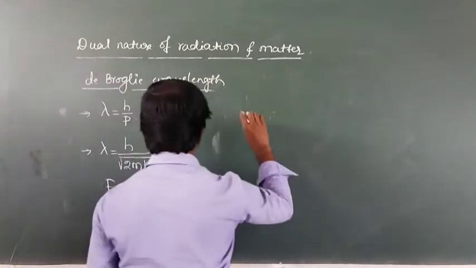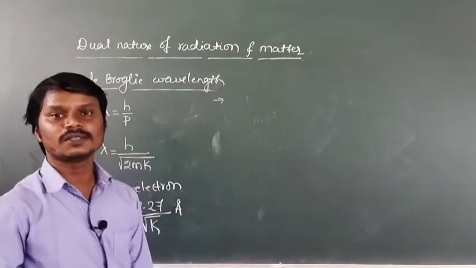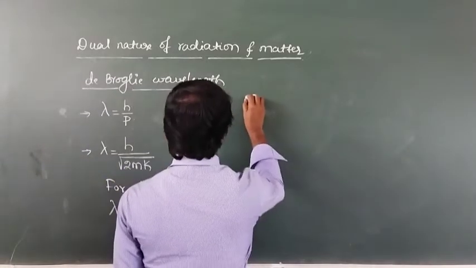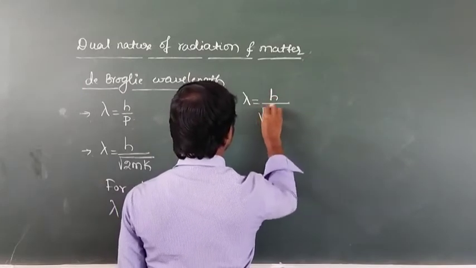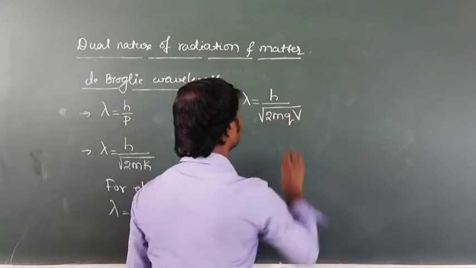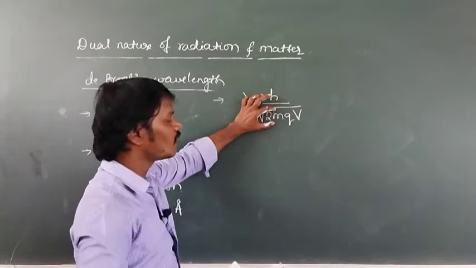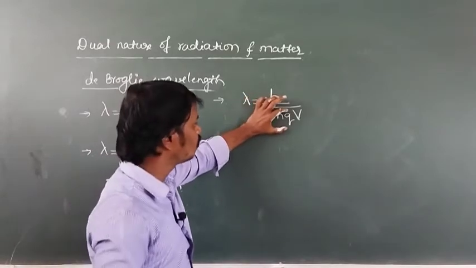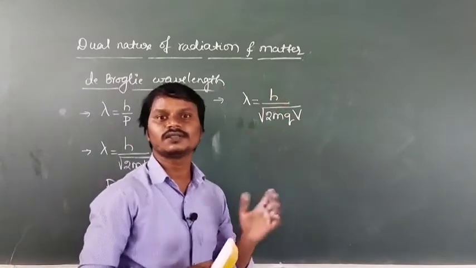Next, de Broglie wavelength in terms of accelerating potential, that is lambda is equal to h by square root of 2m q into v. What is m? Mass of the moving particle. What is q? Q is the charge on the moving particle. And v is the accelerating potential.